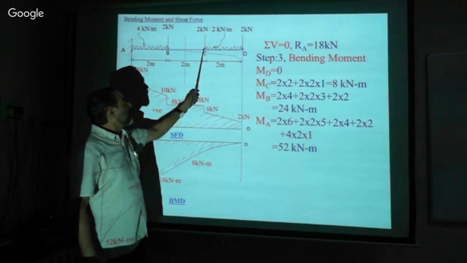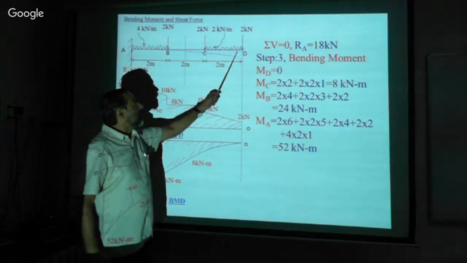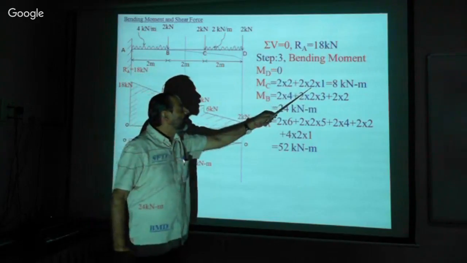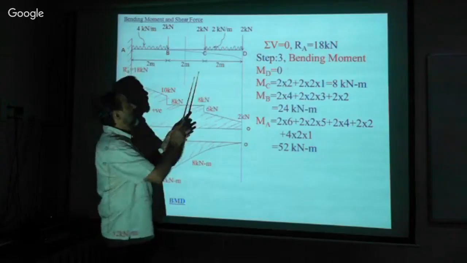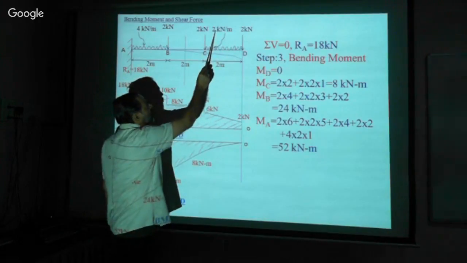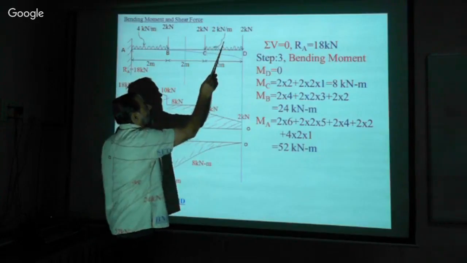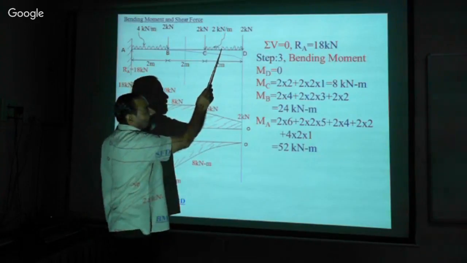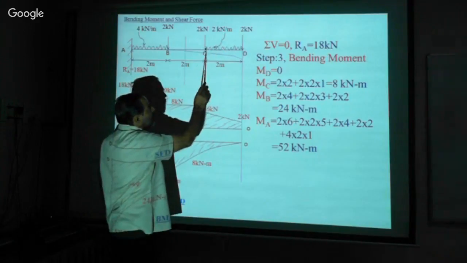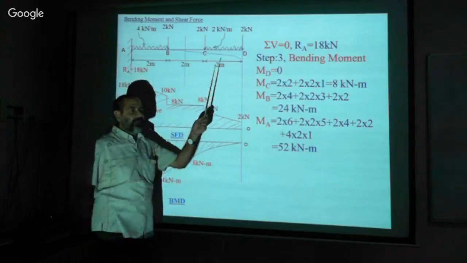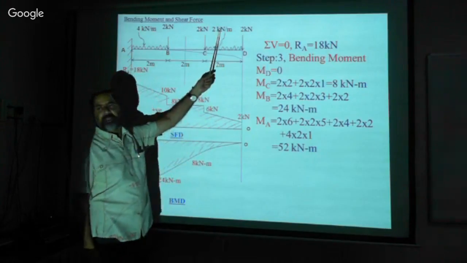And if you consider the second load, that is UDL. Now this UDL is equal to 2 multiplied by 2. Where is it acting? It is UDL. Already I have explained. The way it is assumed, 2 into 2, that is 4 kilonewton is acting at the center. It is assumed that it is acting at the center. That is for calculation purpose, this UDL is converted into a point load.